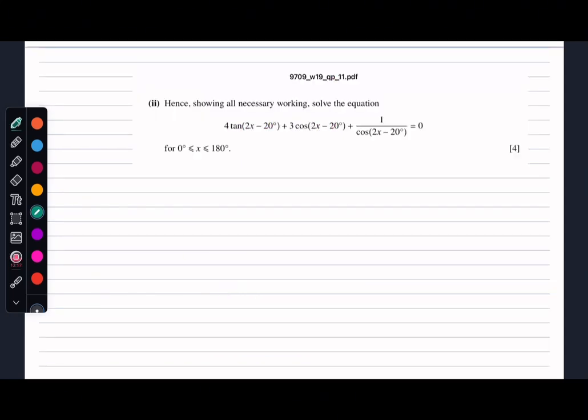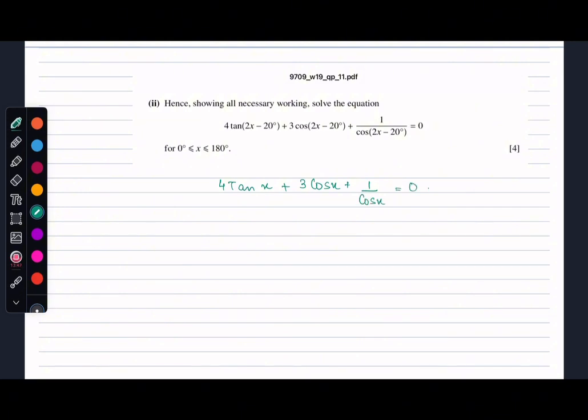So part 2 of the question, hence showing all necessary working, solve the equation 4 tan of (2x minus 20) plus 3 cos of (2x minus 20) plus 1 over cos of (2x minus 20) is equal to 0. So if I compare it with part 1, what I had in part 1 was 4 tan of x plus 3 cos of x plus 1 over cos of x, and this was equal to 0.